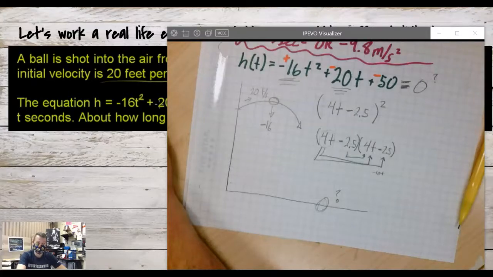Guys, I'm trying to wait long enough so that you have time to think. We've done complete the square.